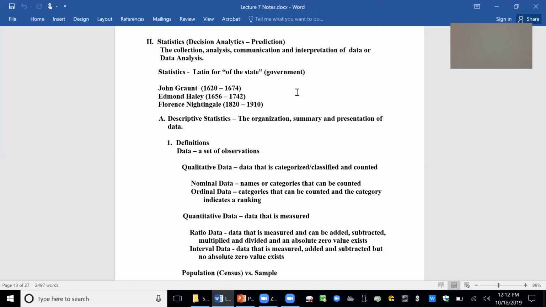Statistics, or numbers, have been collected from the beginning of time, the beginning of civilization. On the Egyptians' papyrus scrolls, there are various statistics taken and captured. What are the reasons why governments have collected statistics from the very beginning of civilization?